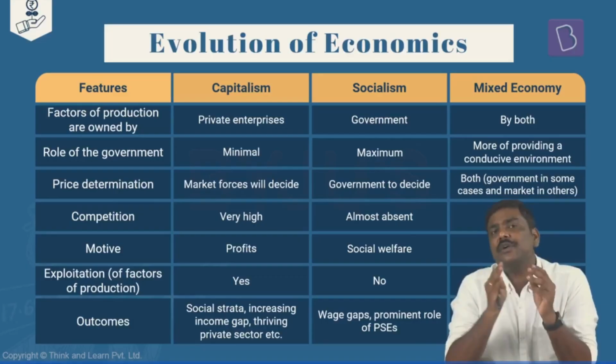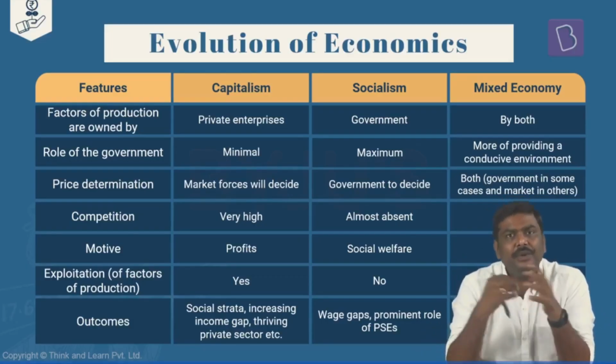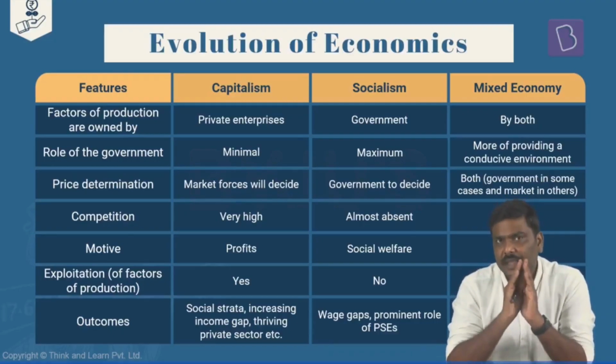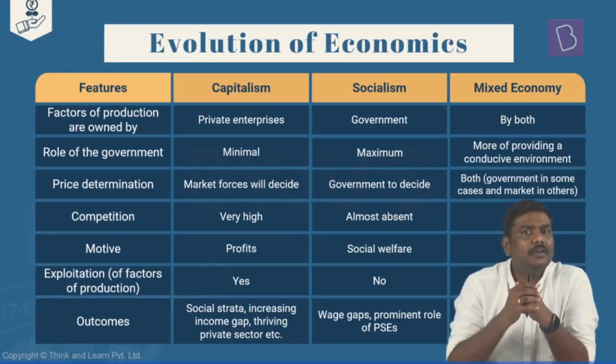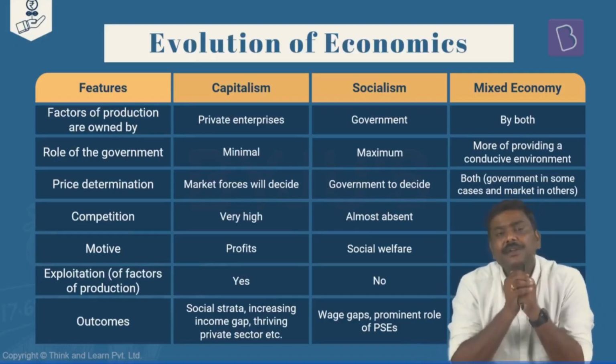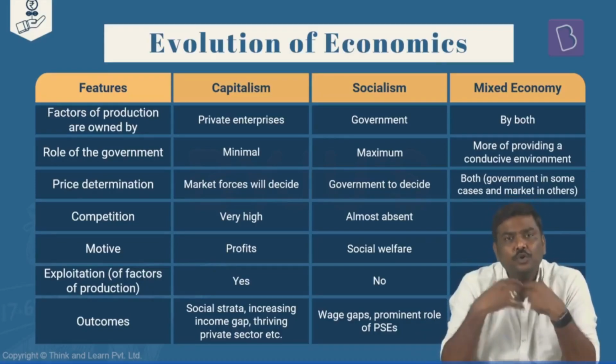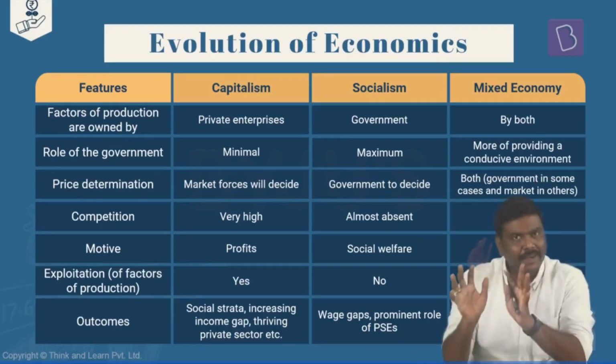The idea of four factors of production is that in any economy, for production to take place, you need to have these four factors. For example, let's say I want to manufacture a particular product in India.